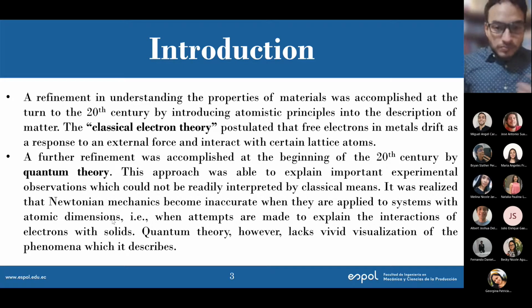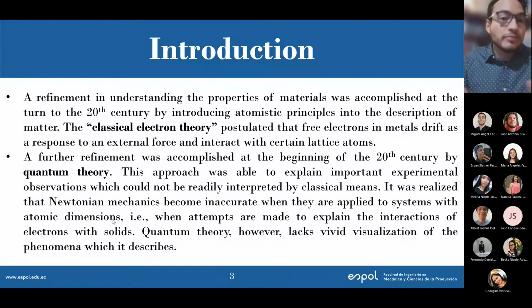But then, at the beginning of the 20th century, there was a refinement in understanding the properties of materials. And the classical electron theory was born. At that point, this theory was only saying that free electrons in metals drift as a response to an external stimulus, right?